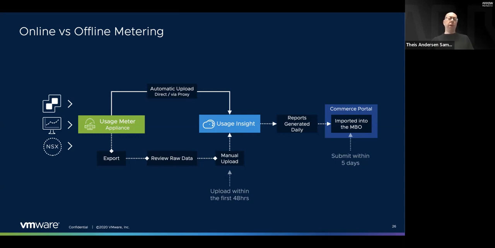It could also be your own environment as a cloud provider. You would need to do offline reporting. It's not something that we recommend because it's a real hassle to do. For example, you need to export the consumption files, the raw data, and upload it to Usage Insight within the first 48 hours of each month.